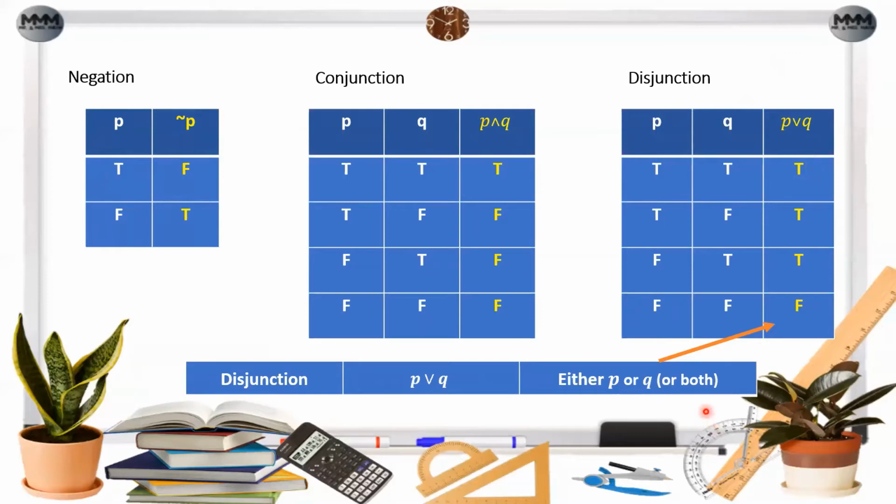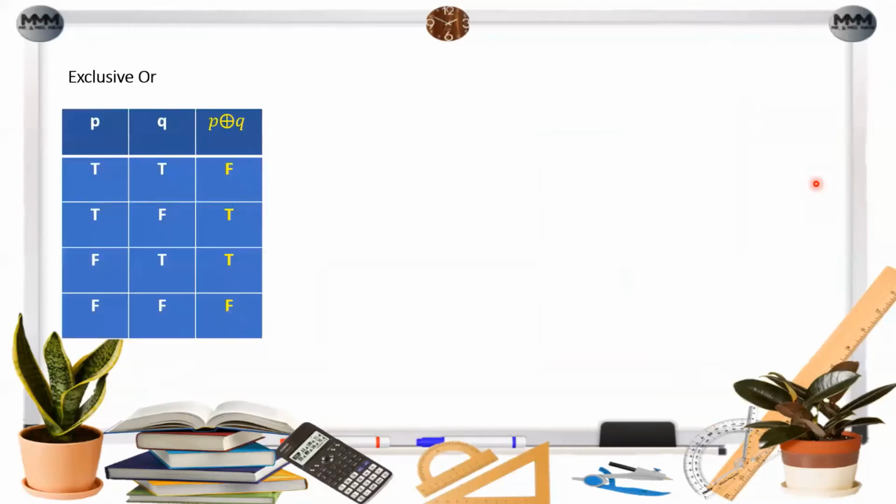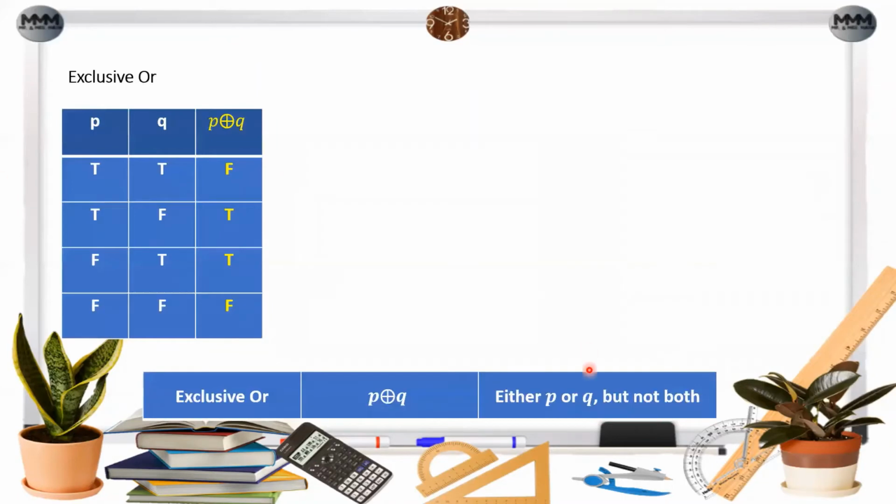For exclusive or, when both propositions are true, it is false because it is not both. And also, this is false. So this is the only difference between exclusive or and non-exclusive or for disjunction.